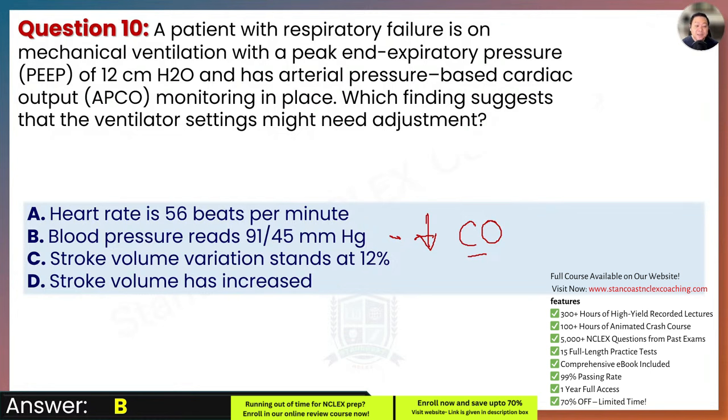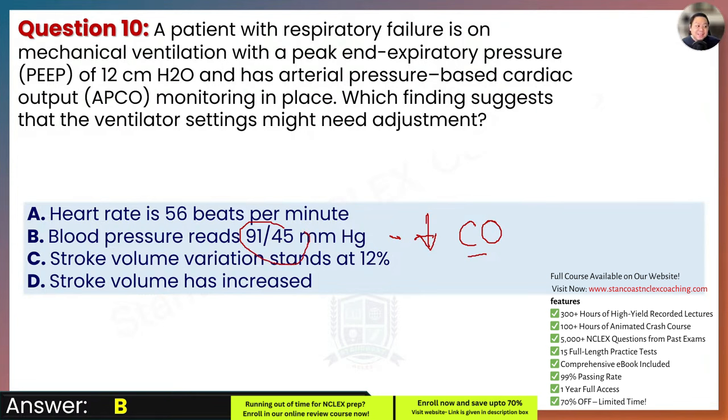And so again, think about the increase in the intrathoracic pressure, which can compress those veins, and this will reduce the venous blood return to the heart. With less blood returning to the heart, the cardiac output also decreases, which is why you are seeing the low blood pressure. Okay? You got to pay attention to that.